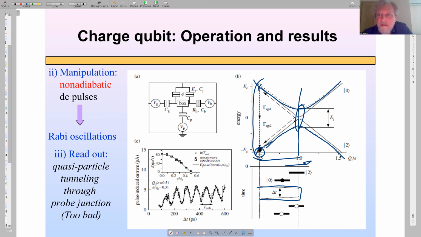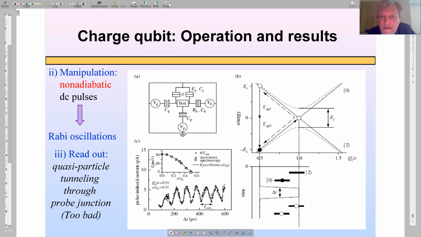How to read the resulting state? It is important that if the system is in high state, it gives an electron into the probe. And if it's in low state, it does not. What does it mean?